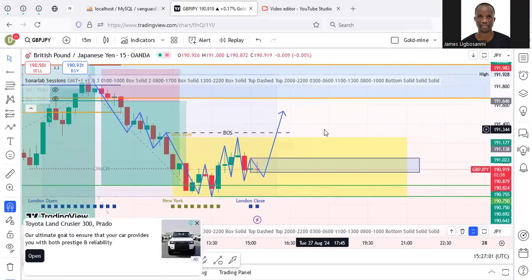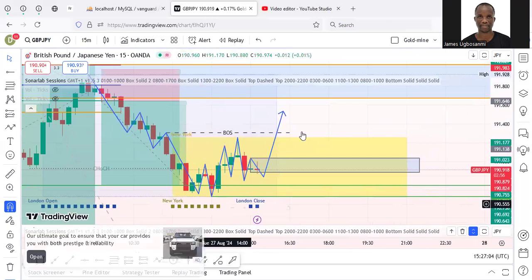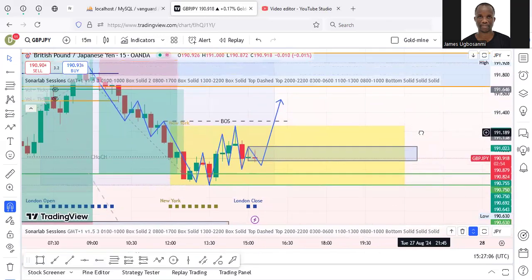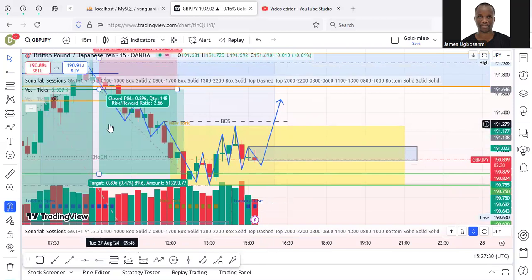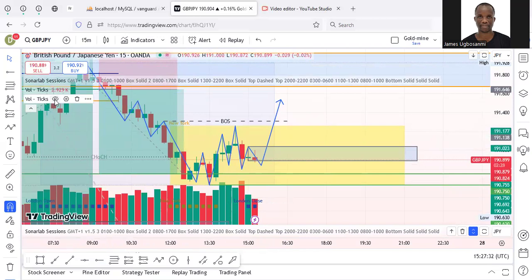Actually, we are looking for buy because it looks as if the people who want to sell, their power is going down. And the people who want to buy, they kind of make sense in the market. You see the selling pressure, the buying pressure, telling us there are more.